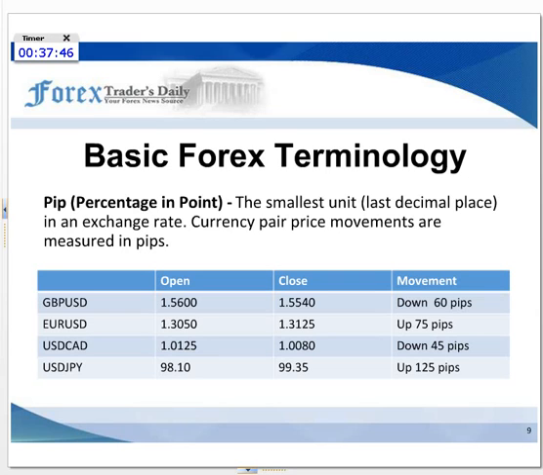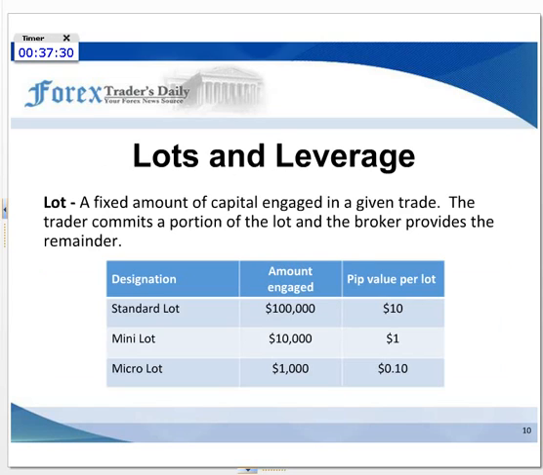Now, when a currency trader is looking to open a long or short position, either way, they will need to, of course, commit a portion of their own funds. They're going to invest some funds to make that transaction. And currency trades, we take them in what we call lots, L-O-T-S, lots. Now, a lot is a fixed amount of capital engaged in the market at any given trade.